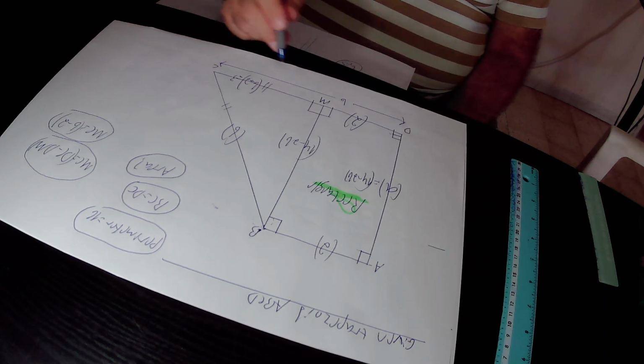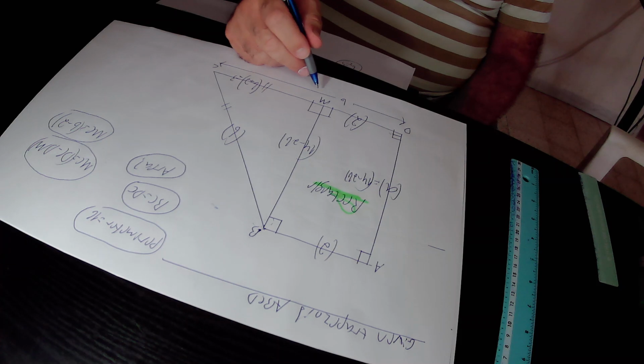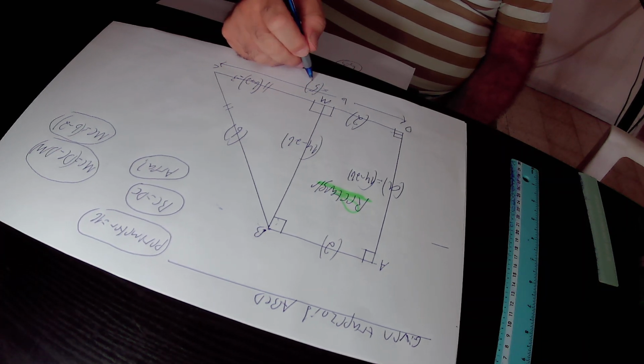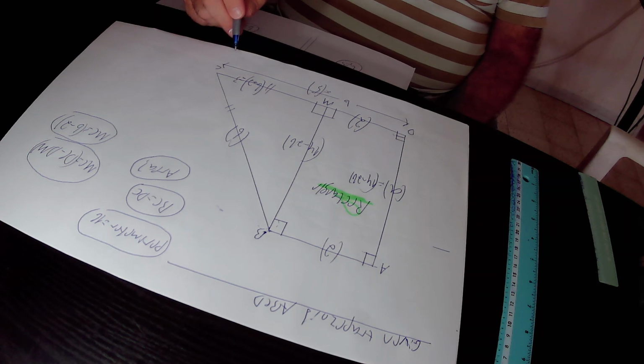Actually this is defined as b, so we found that b equals 5. So side DC equals b, that is 5.